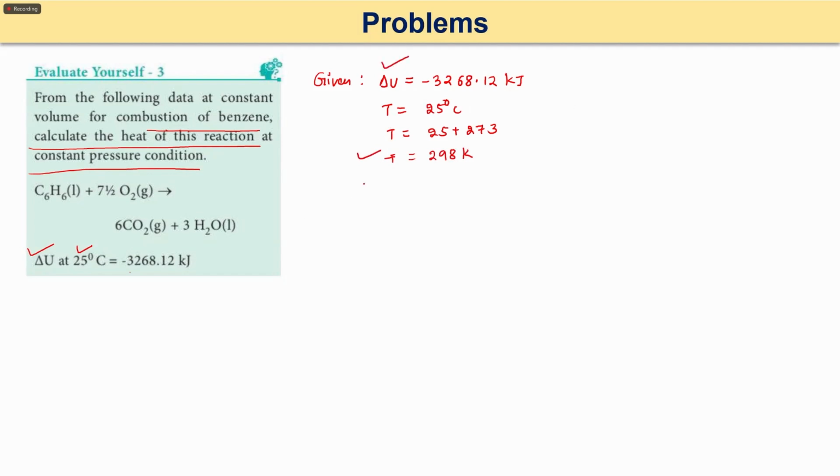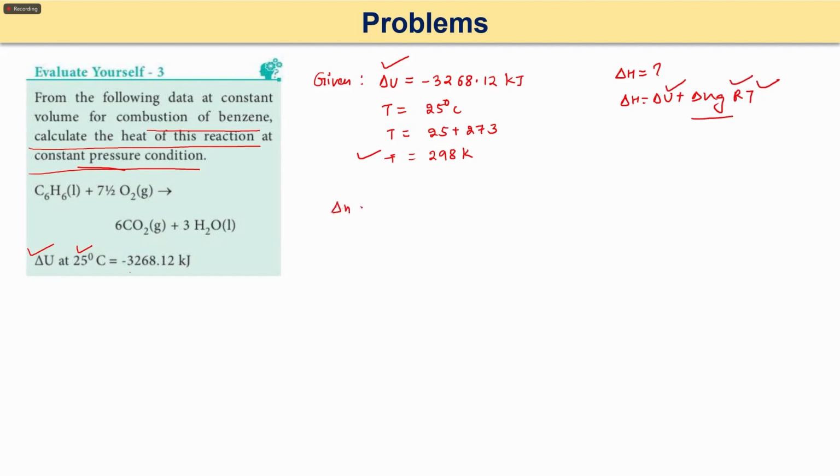So now, in order to calculate the heat of combustion, the heat of this reaction at constant pressure, we are asked to calculate delta H. Okay, so delta H is delta U plus delta Ng RT. We know the temperature, we know the gas constant, and delta U is already given. So we have to calculate this delta Ng.